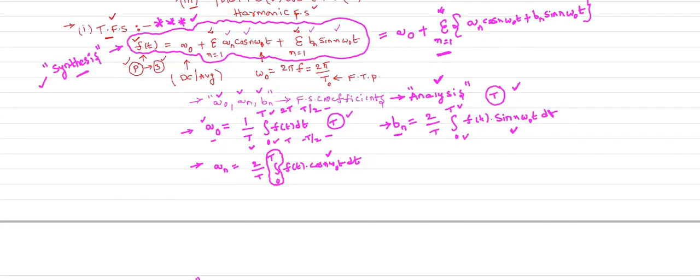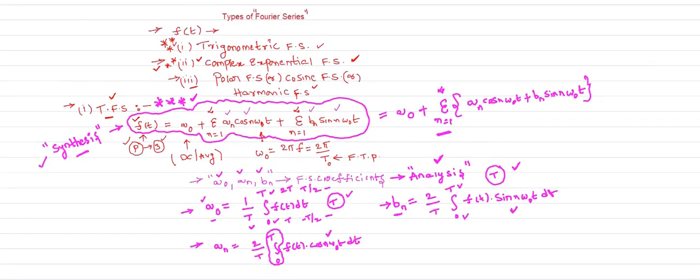In these, the trigonometric Fourier series is very important for problems from the examination point of view, whereas the complex exponential Fourier series is important to prove the various properties of the Fourier series.